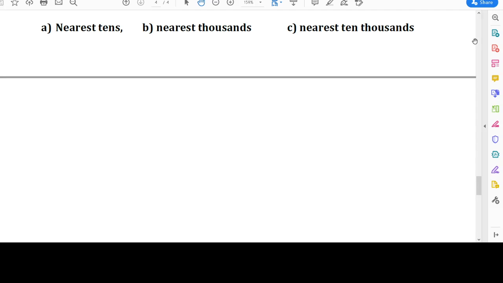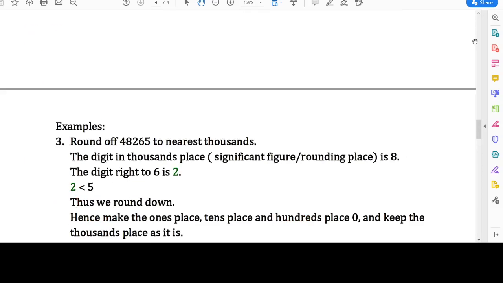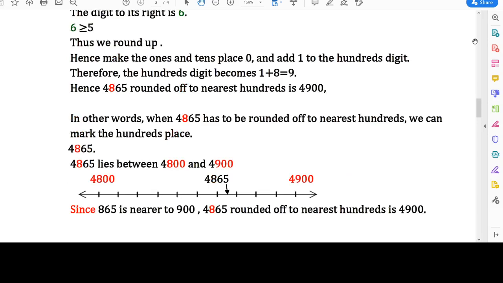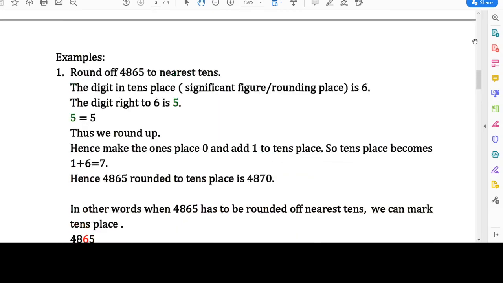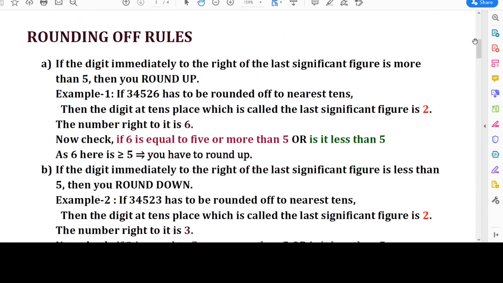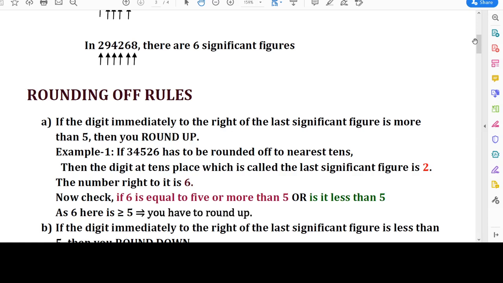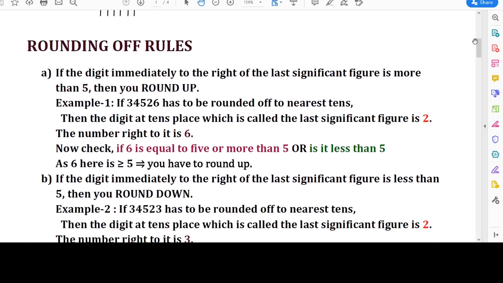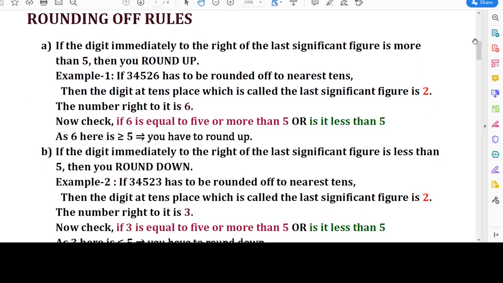Rule one: if the digit immediately to the right of the last significant figure is 5 or more than 5, then you round up.